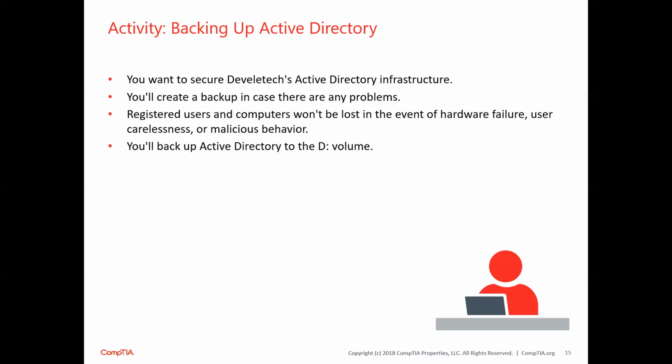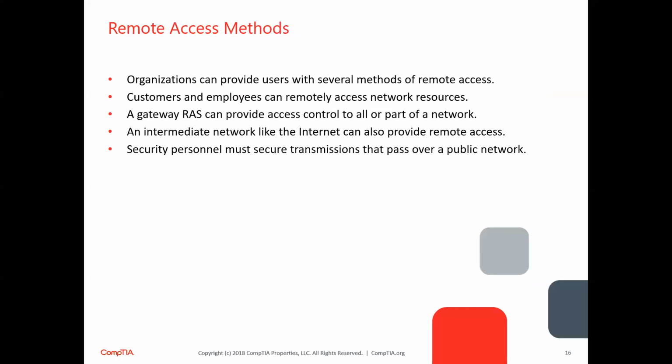Now, how about remote access methods? You know that organizations normally provide users with methods to do their work remotely, which we call remote access methods. You can use a VPN, or maybe utilize browsers, so customers and employees can remotely access network resources.